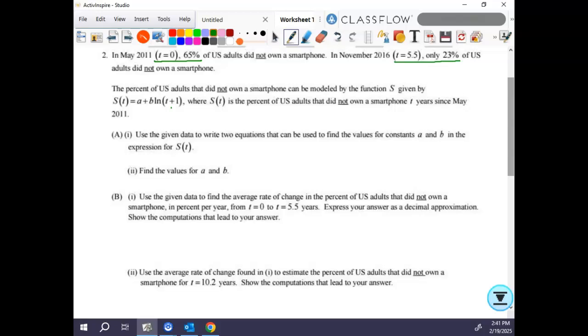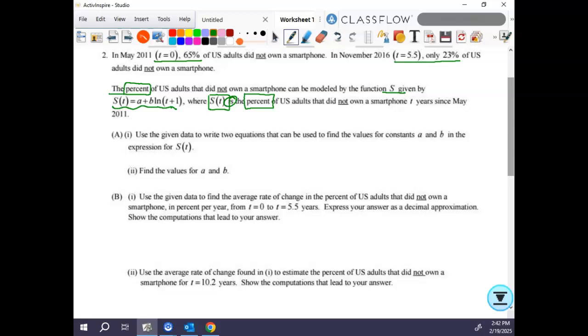But let's keep reading. It says the percent of US adults that did not own a smartphone can be modeled by function S, given by this right here, where S of t is the percent. Okay, so S of t is the percent. So I'm not using 0.65, I'm going to use 65.